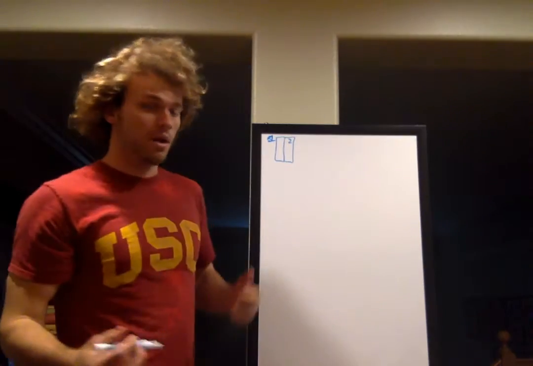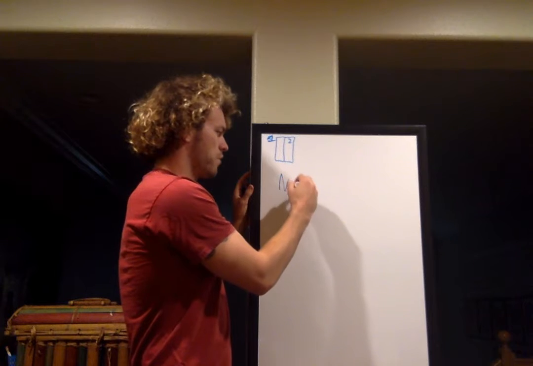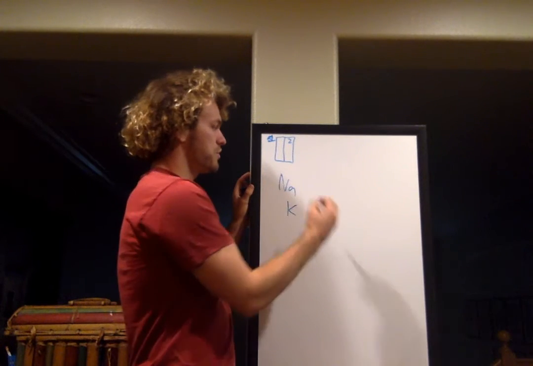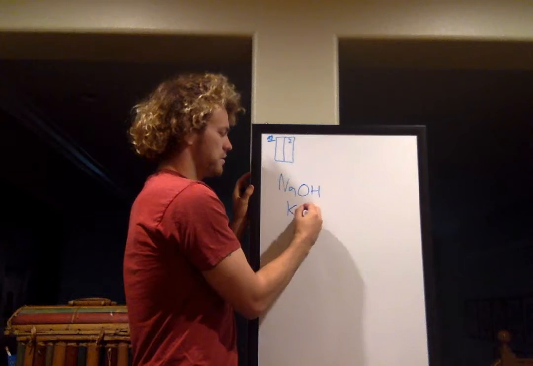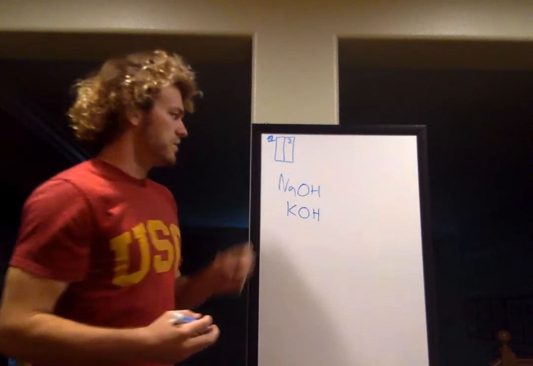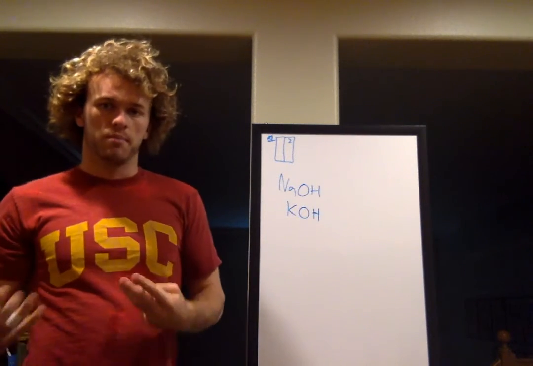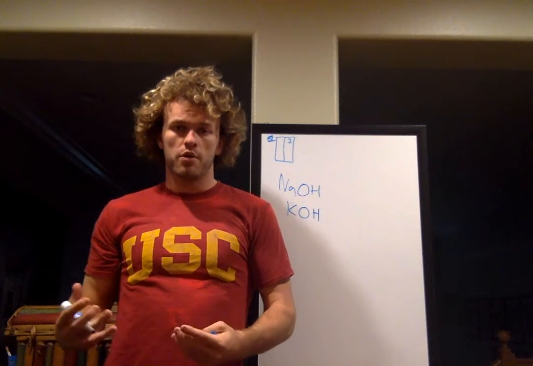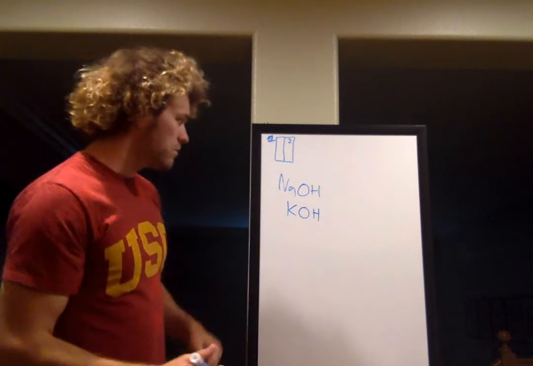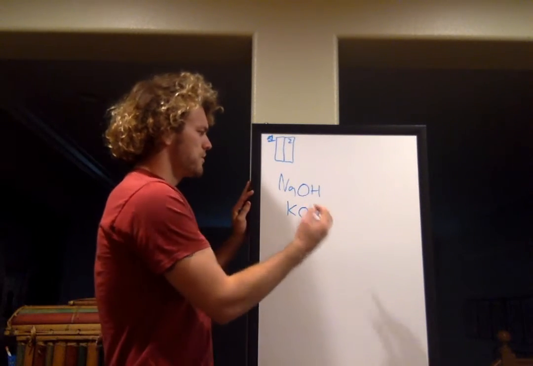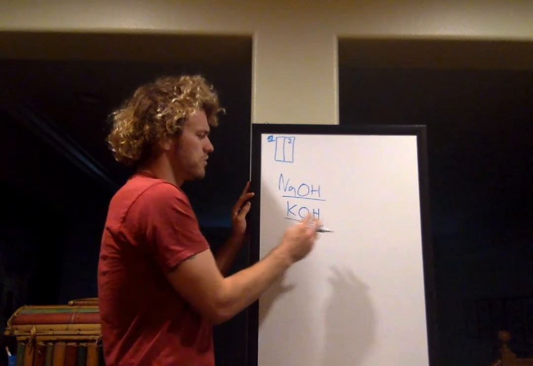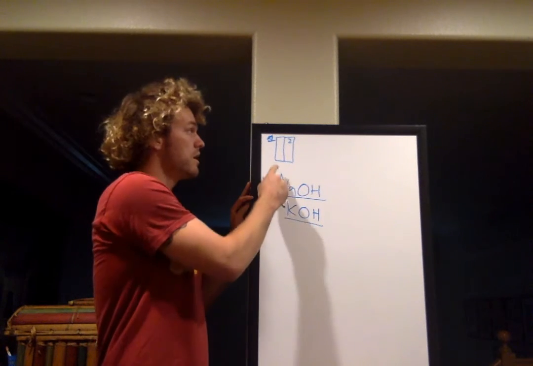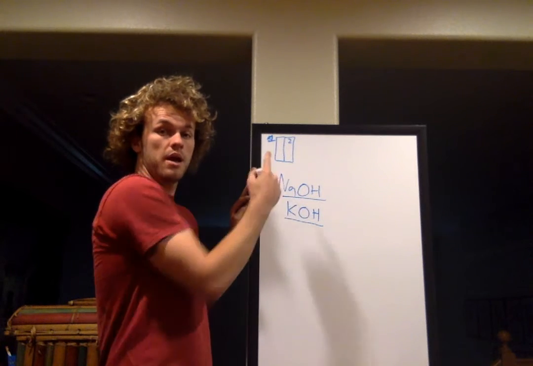Now, an alkali metal like sodium or potassium will be a base when combined with hydroxide. A hydroxide is what causes something to be a base. If there's a generation of a bunch of hydroxides, we know that it's basic. So sodium hydroxide, potassium hydroxide, we know that these metals in these individual compounds are in group 1.